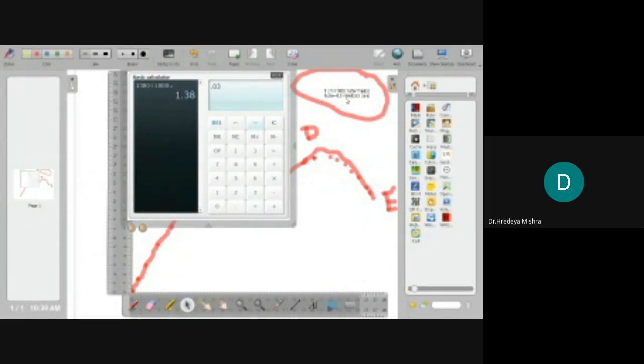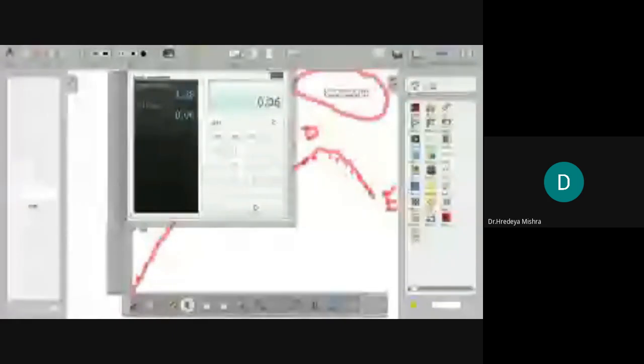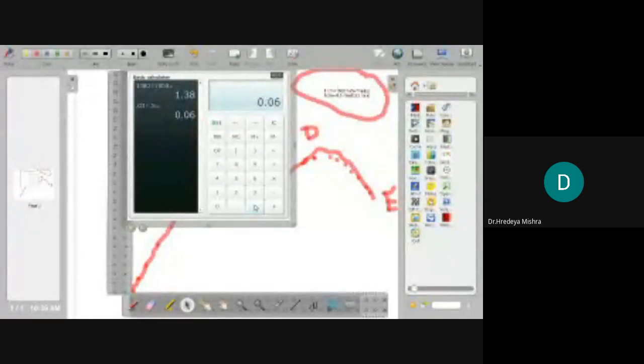Sorry, we just divide by 0.5, then 0.06 is the answer for the x direction axis. So similarly, for this problem, we can get the solution by putting the centimeter value in the xy direction.